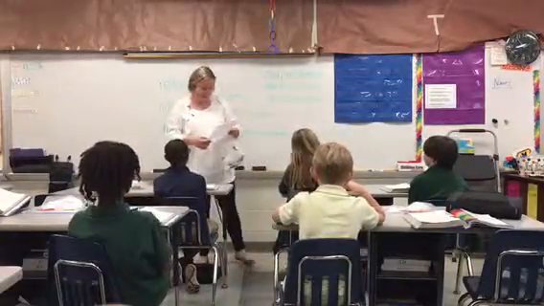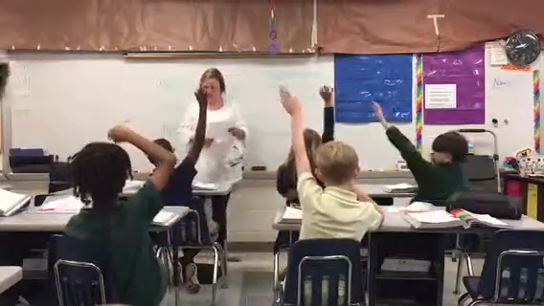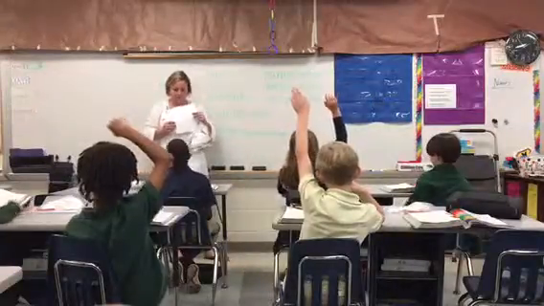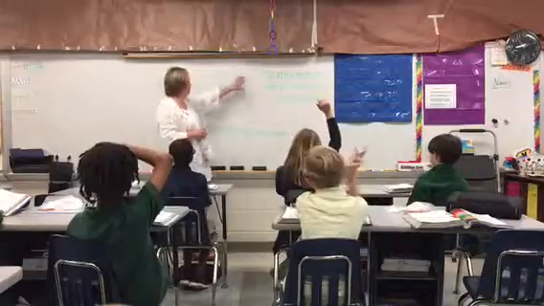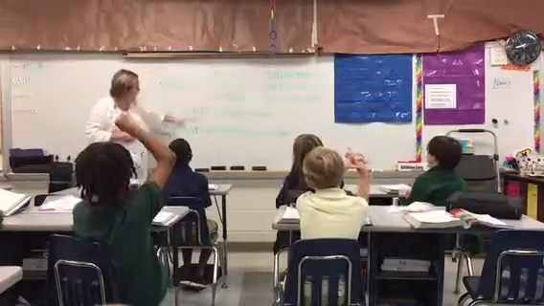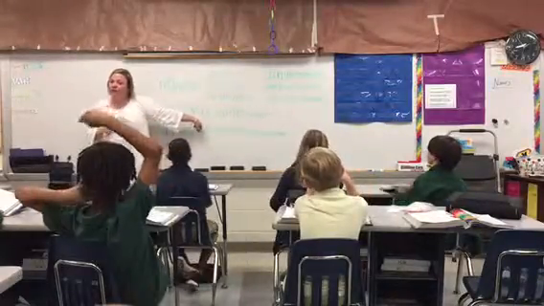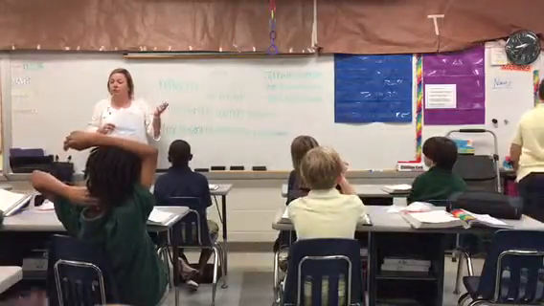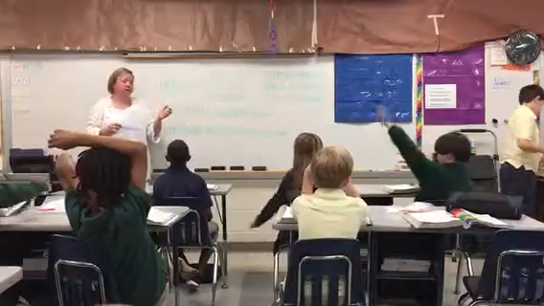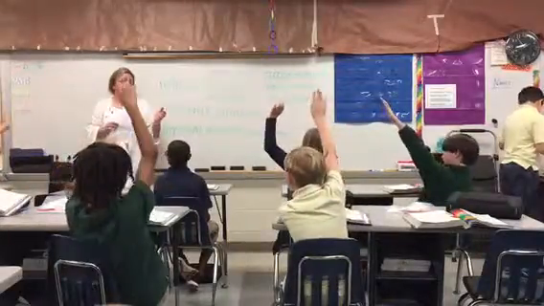Who can tell me what transparent means? Yes. It means all light rays can shine through. All the light rays can shine through. And I wrote this on the board earlier. So for something that's transparent, we can see right through it. It's clear. Who can give me an example of something that's transparent? Brayden.